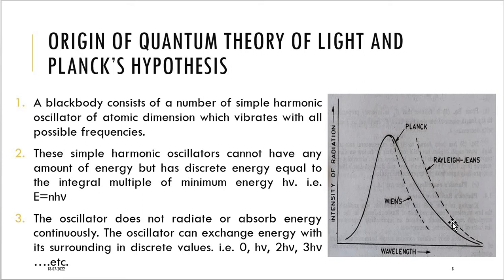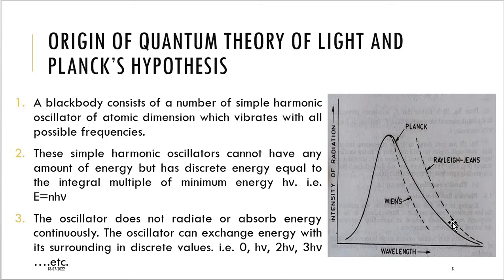I have already said that Planck desperately tried to explain the black body radiation spectrum. He used the corpuscular theory, the particle theory of light. It was already coined by Newton, but he could not successfully explain it at that time.